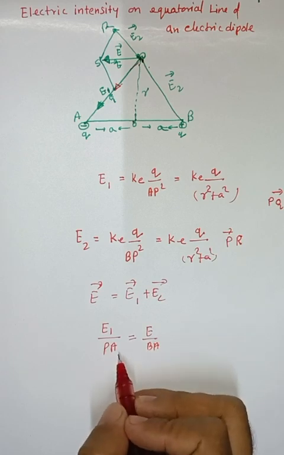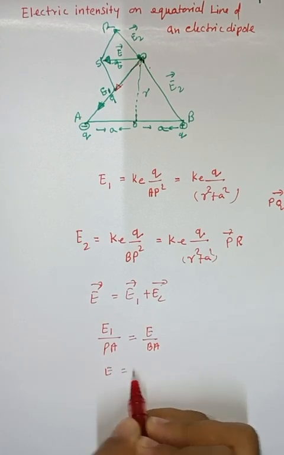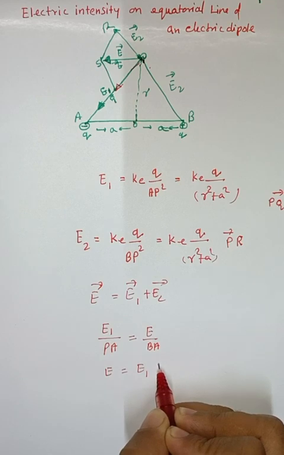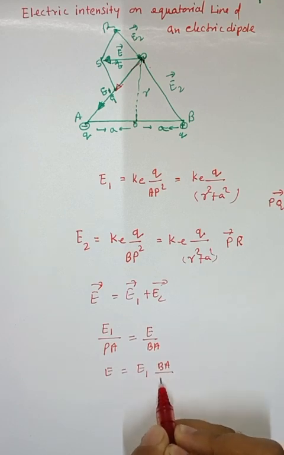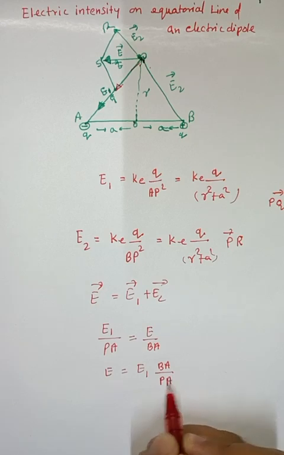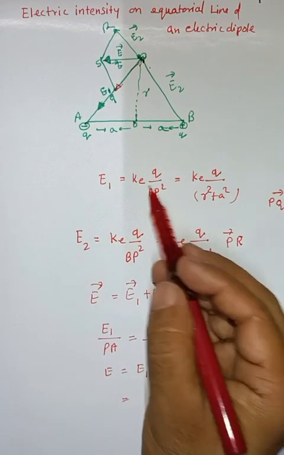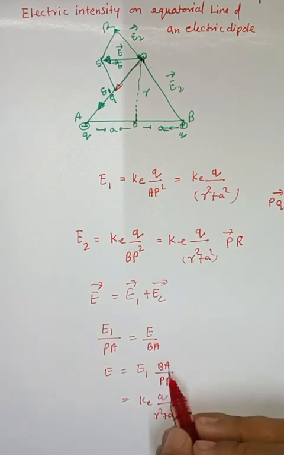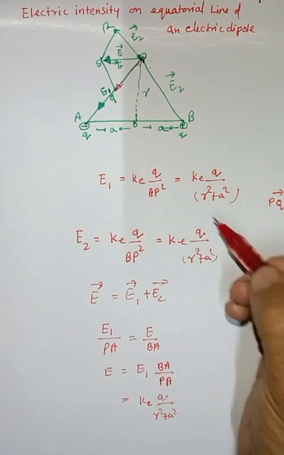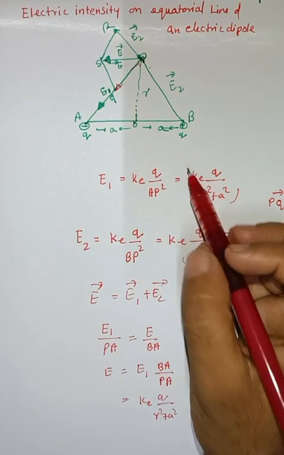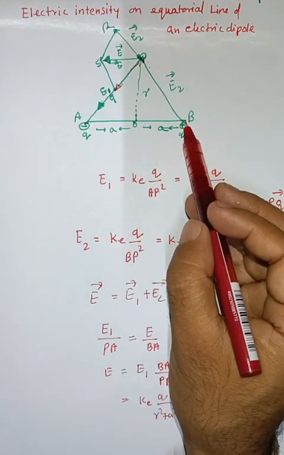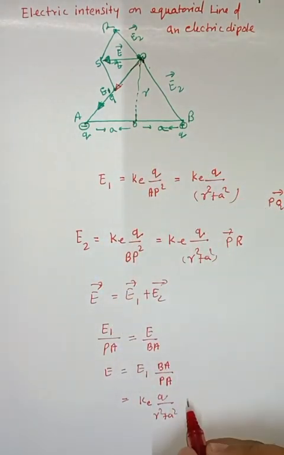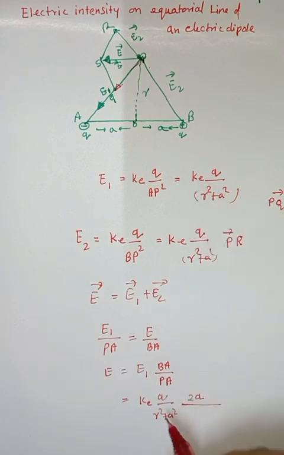From here we get E equal to E1 times BA divided by PA. E1 we have already got: E1 is equal to KEQ upon r square plus a square, and BA upon PA. BA is the distance from A to B, that is equal to 2a, right? 2a upon PA.